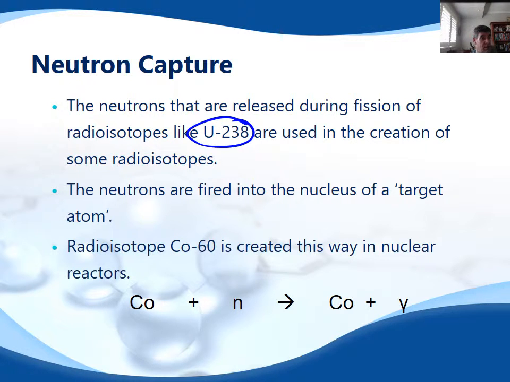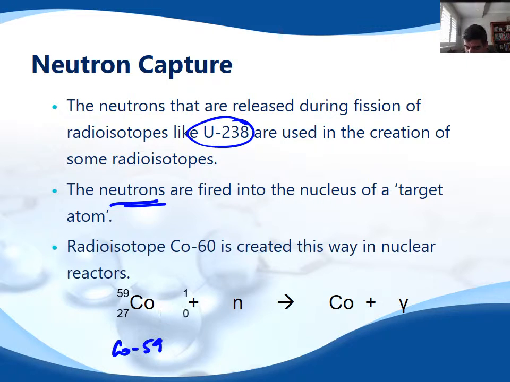One of those is cobalt-60. We fire neutrons into the nucleus of our target atom. In this case, that would be, for example, cobalt-59.